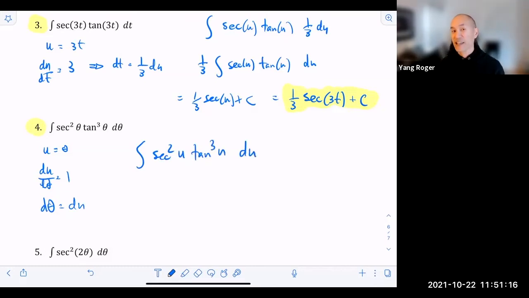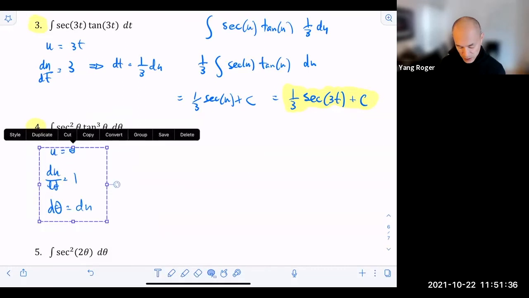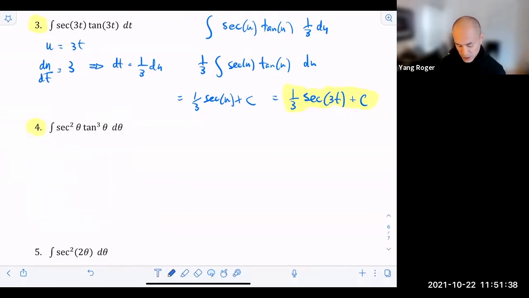This is literally the same problem. You just call the variable a different name. So that's not a good choice. You're just renaming everything a different letter, but that doesn't make the problem any easier to solve. So I don't think we should do that for sure. A lot of students do that as well.